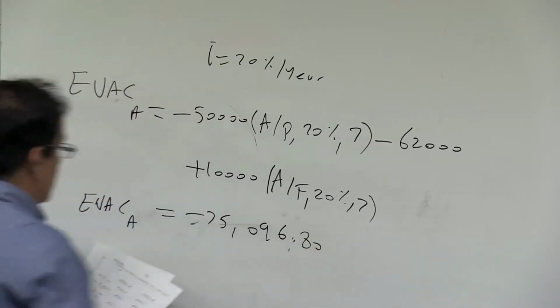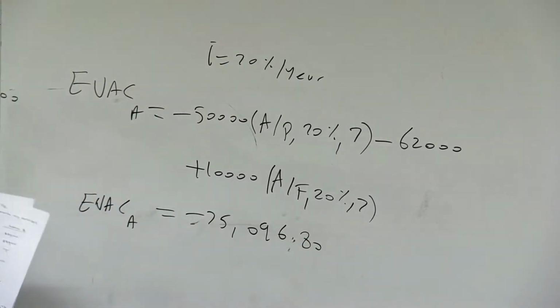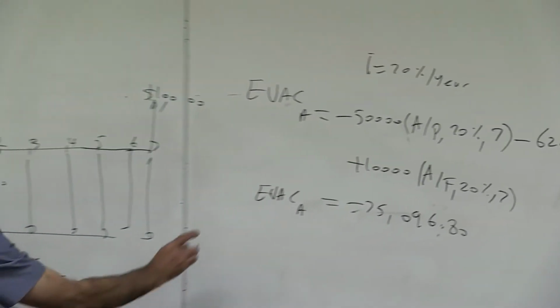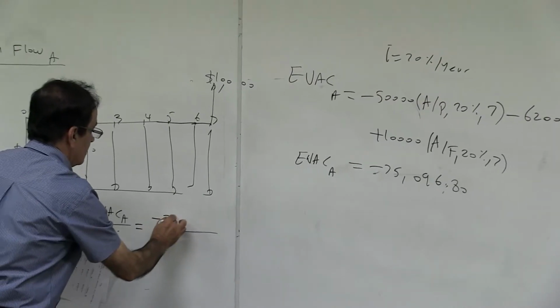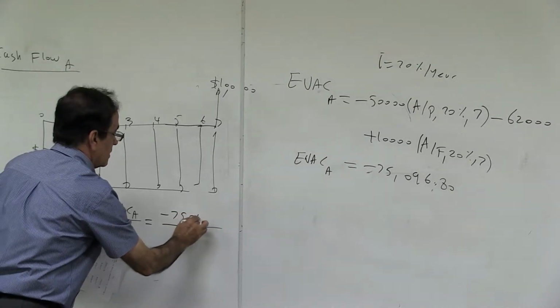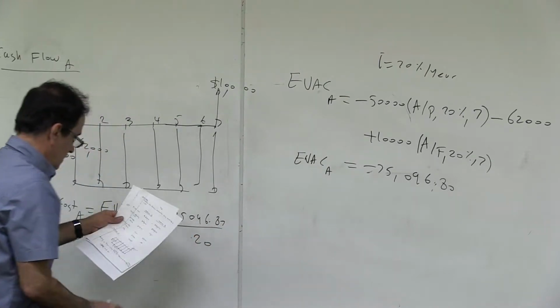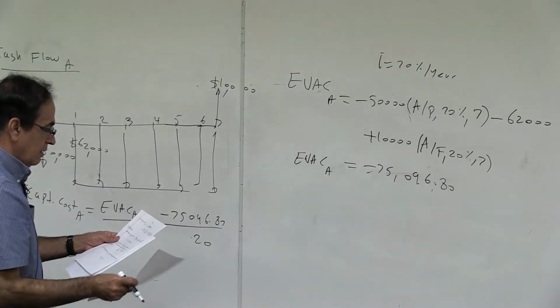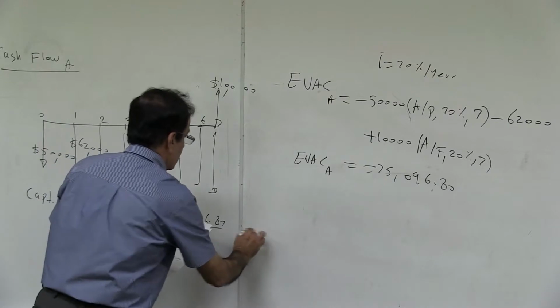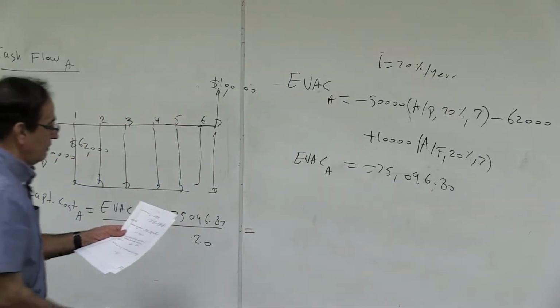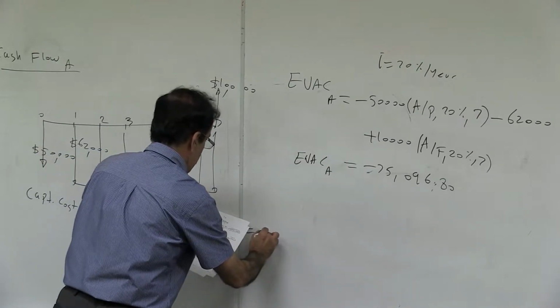So that's the annual cost for alternative A. We want to find the capitalized cost, so we're going to divide $75,096.80 by the interest rate, which is 20%. If you do this, we call this the capitalized cost associated with alternative A.